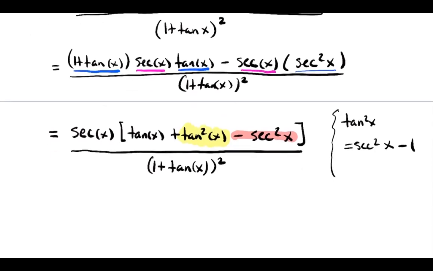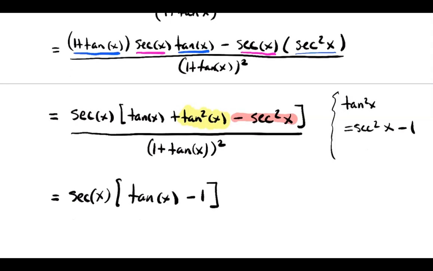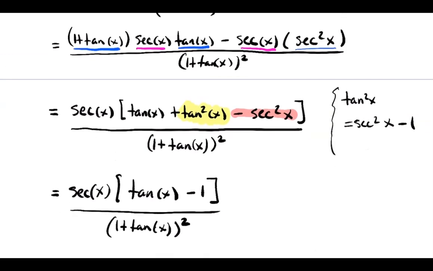I'm being a little bit lazy and just talking you through the algebra instead of writing it, but the secant squared would cancel that minus secant squared, and so I'm just going to be left with minus 1 in there.